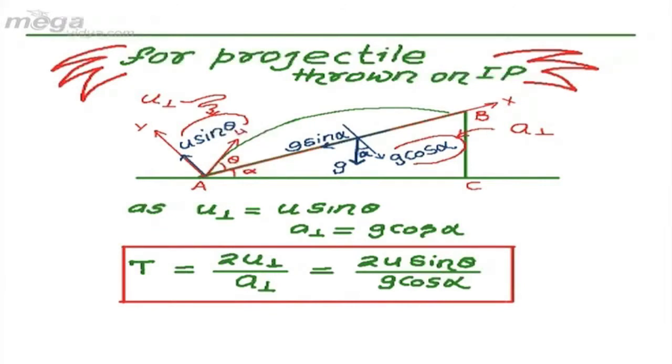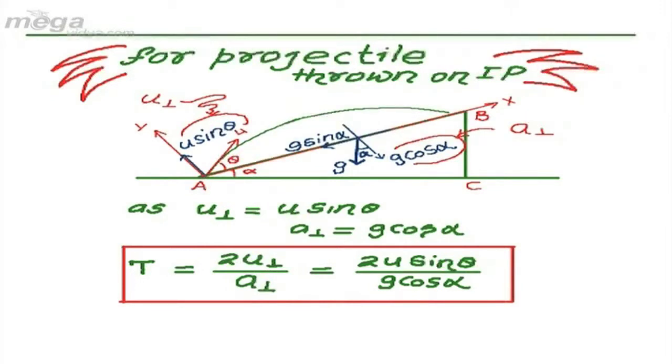If we use this reference frame, then what do we observe? We observe that the velocity of projection has two components. One component along the incline is u cos theta, and the other component, perpendicular to the x direction, is u sine theta.